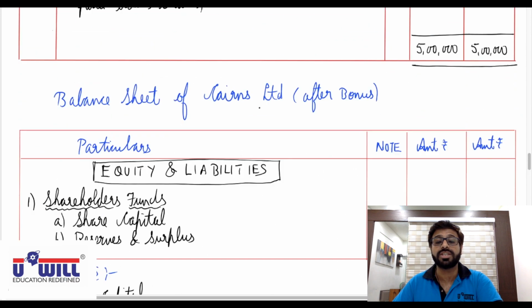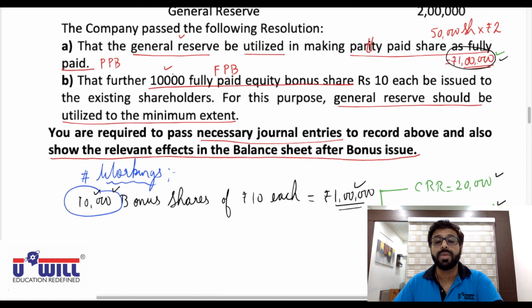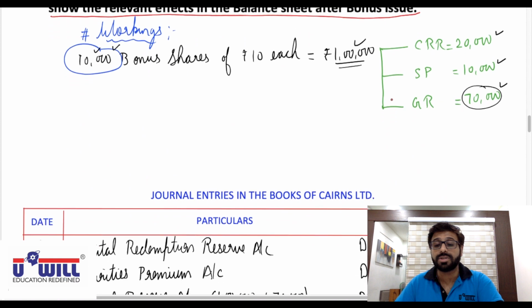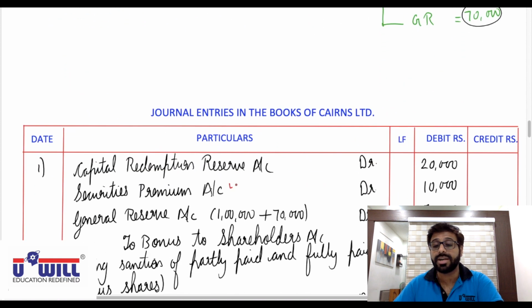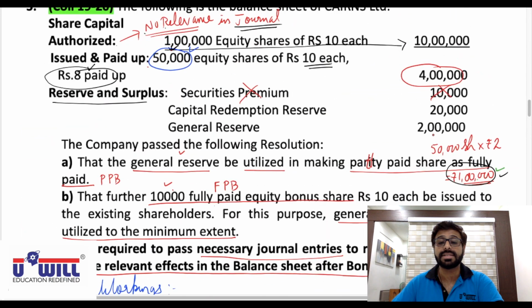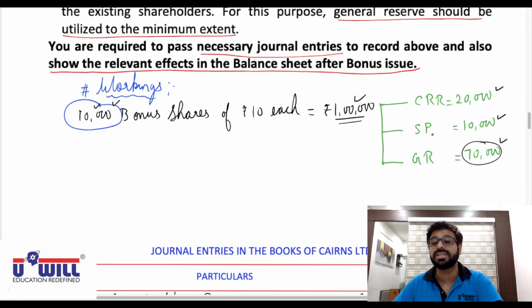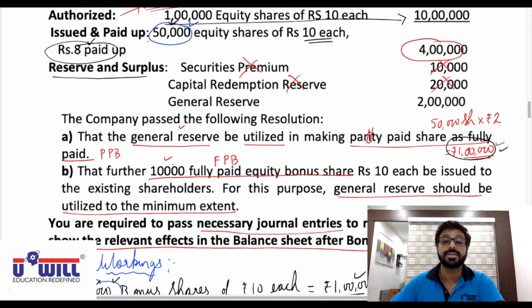Now, which reserves did we have? We had securities premium and reserves and surplus. But that securities premium gets closed because entire 10,000 is used in securities premium to give fully paid bonus. So now that does not exist. Capital redemption reserve gets closed because entire capital redemption reserve 20,000 is used in giving fully paid bonus.